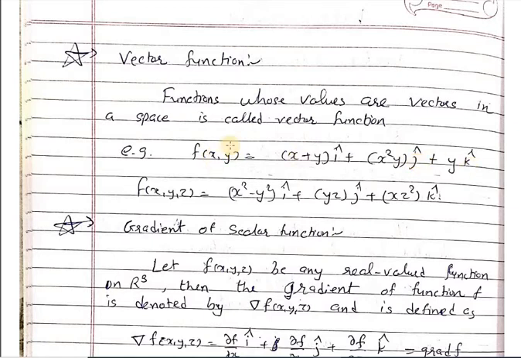That means here you have 2 dimensions and here you have 3 dimensions. This is a vector function. In the same manner, f of x y z can be given by (x square minus y square) into i plus yz into j plus xz square into k.